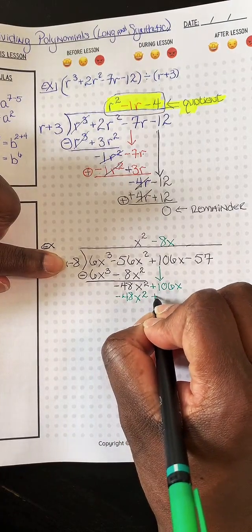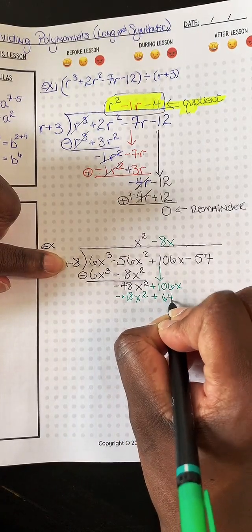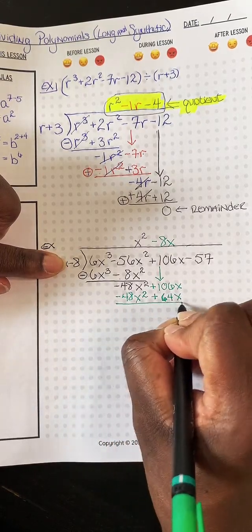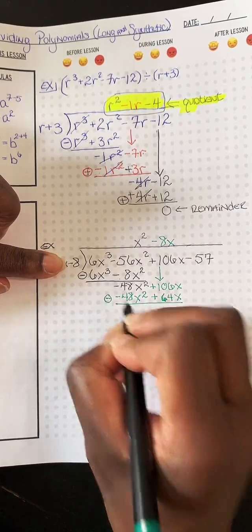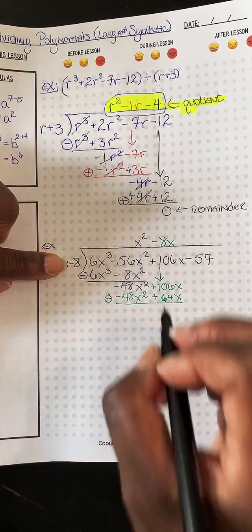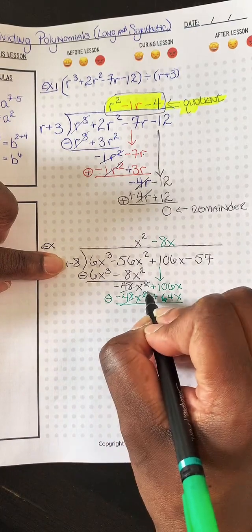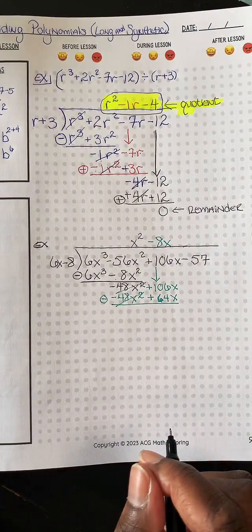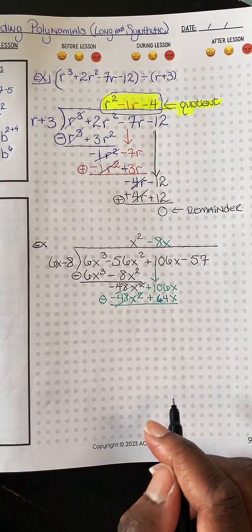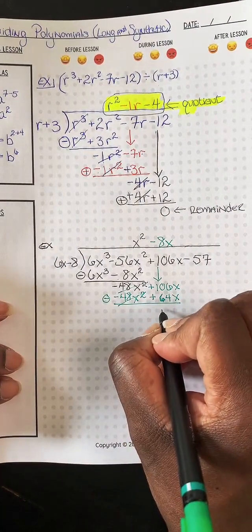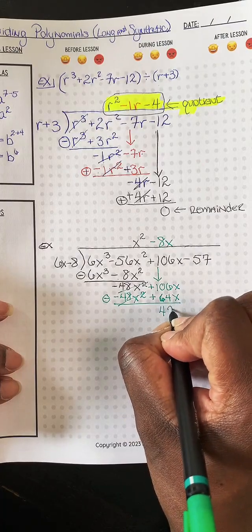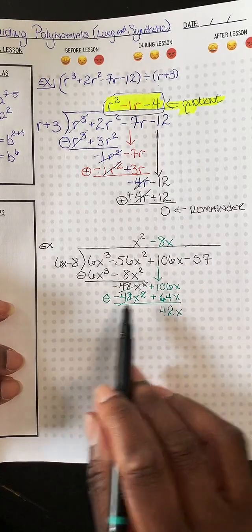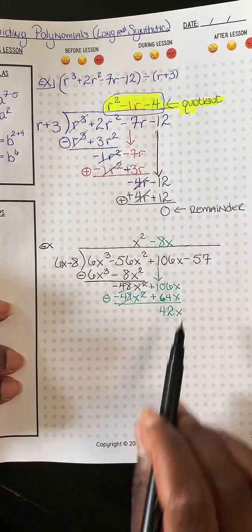That gives me a positive 64x. And we're subtracting. So when we subtract, the negative 48x squareds are going to cancel out. So now you got 106 minus 64, 42. So we got 42x because it was 106x minus 64.